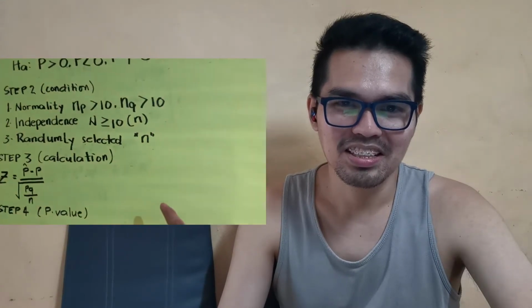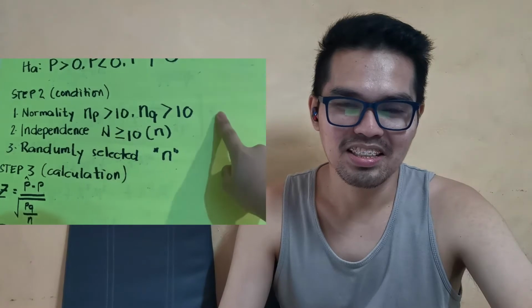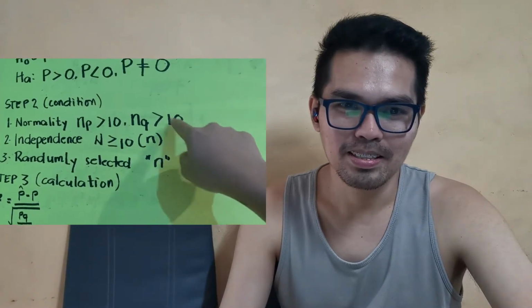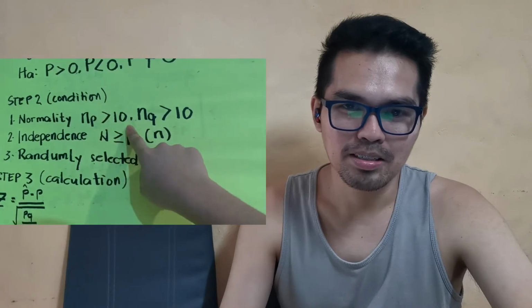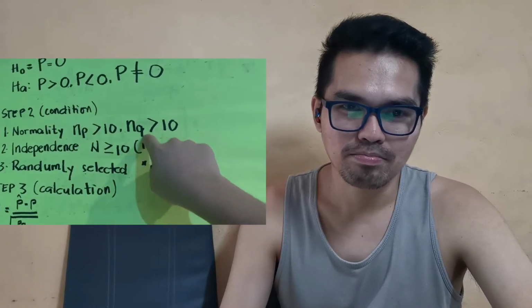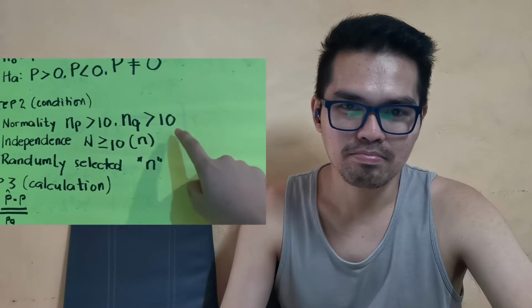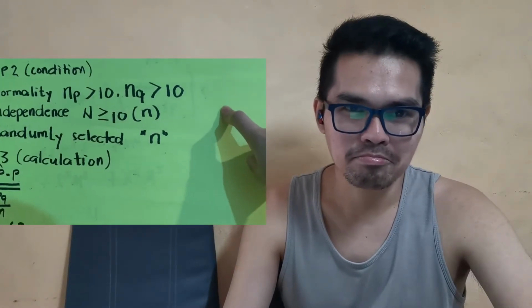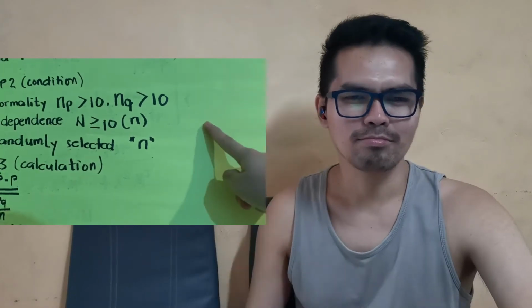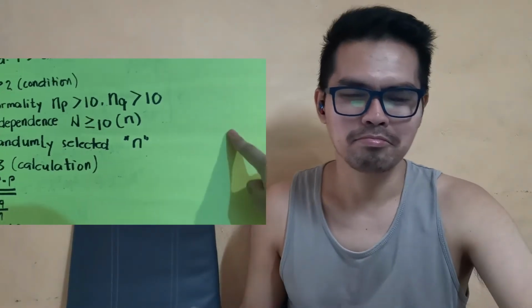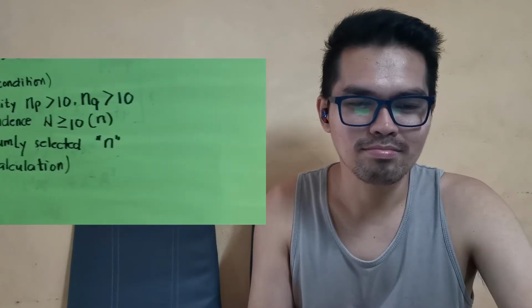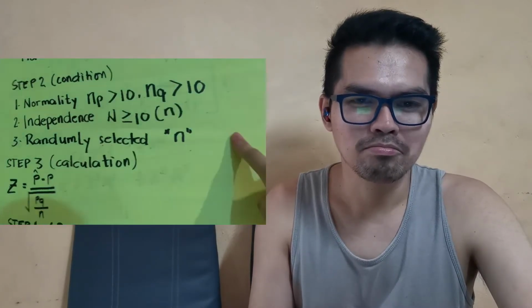Step 2 is the conditions. Normality: n times p greater than 10, and n times q greater than 10. And independence: n is greater than 10 times n, and randomly selected.